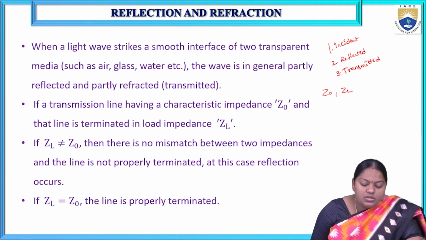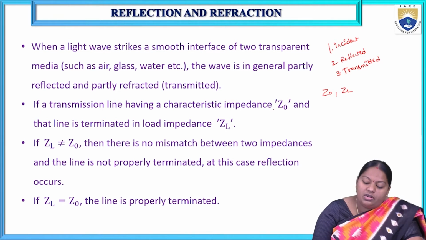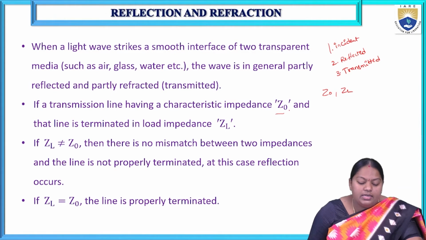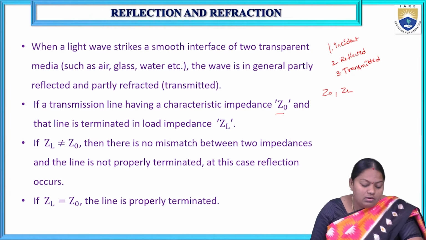If a transmission line has a characteristic impedance, denoted Z0, and the line is terminated, the load we consider at the output side is represented with L. Impedance is generally represented with Z, and the load impedance is denoted ZL. If ZL is not equal to Z0, there is a mismatch between the two impedances and the line is not properly terminated.